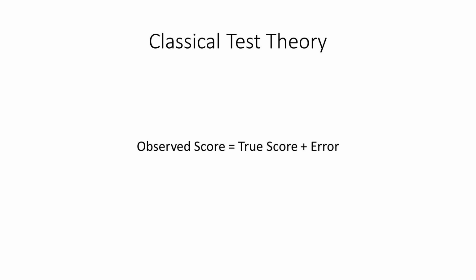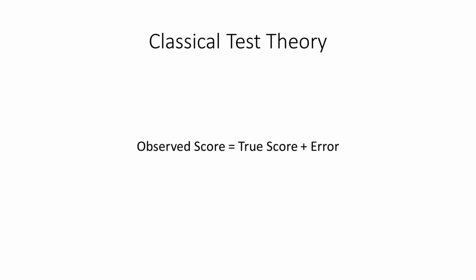Now, as I say, classical test theory fits nicely within an operationalist perspective on things. The fact that the test itself is the thing we're interested in, not necessarily the test as indicative of some underlying theoretical concept or construct of interest that might exist within a broader nomological network.